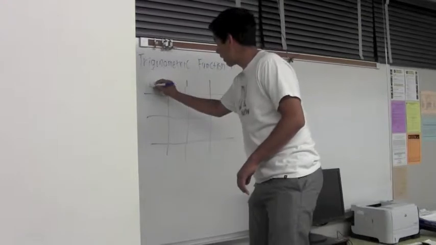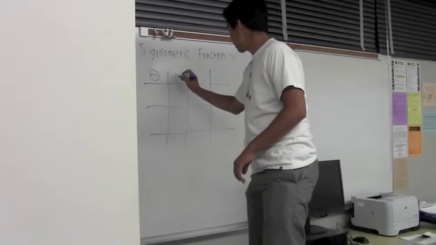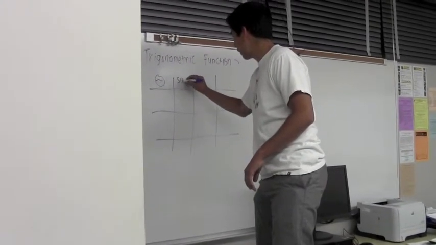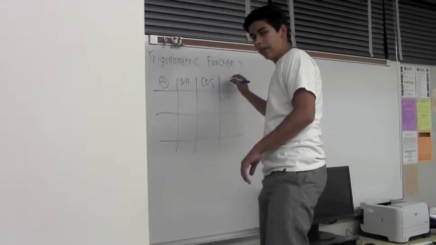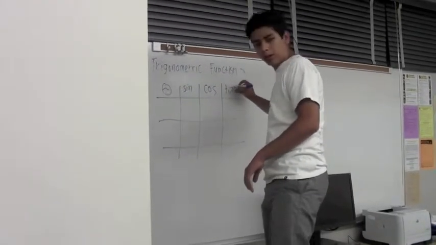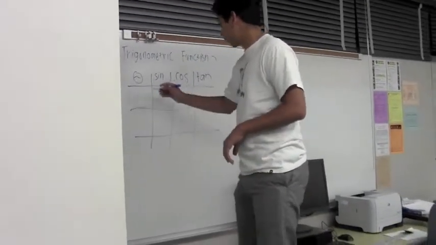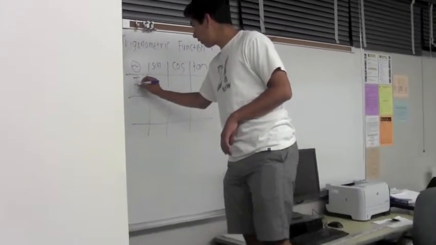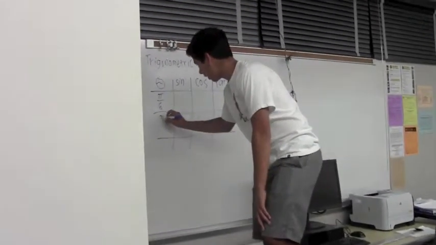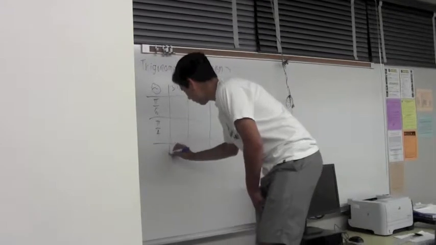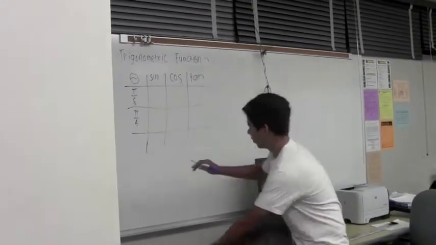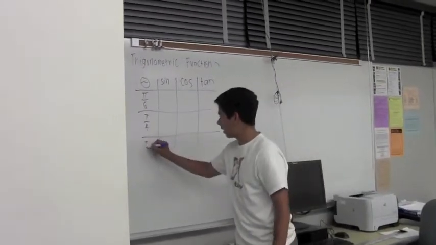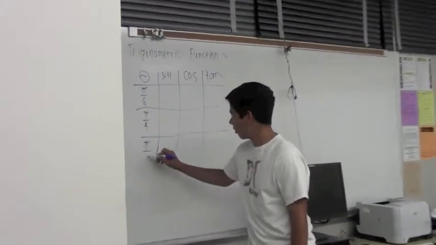So this is going to be the angle or theta. This will be sine. This will be cosine. And then this one will be tangent. Got it? So the first one, you start out with pi over 6. Then it goes down to pi over 4. And then the next one that we're going to work on today is pi over 3.